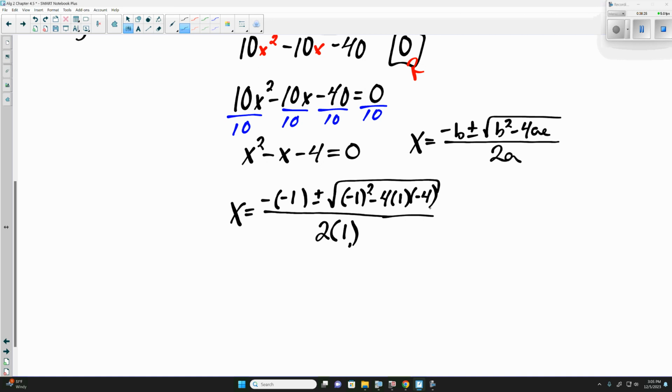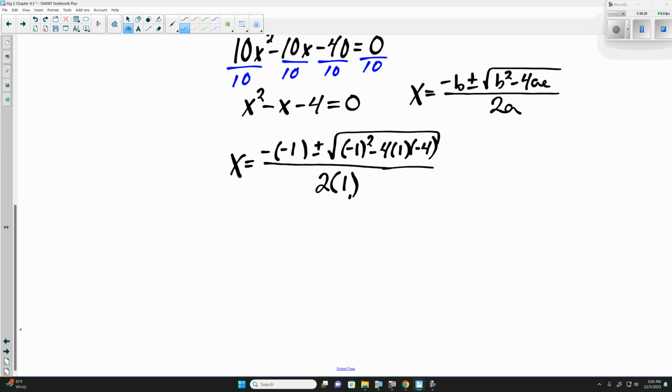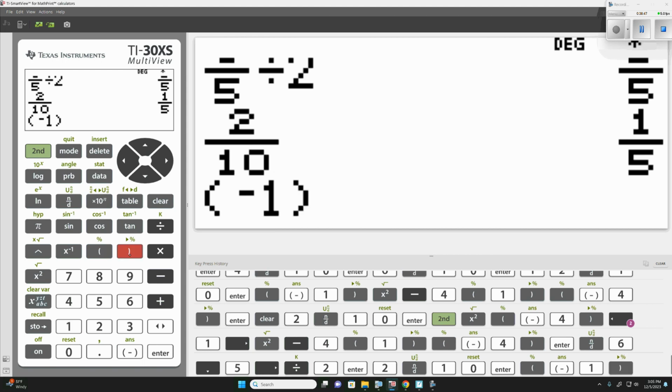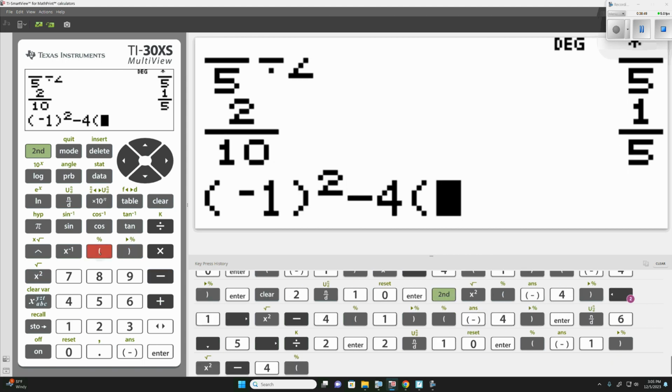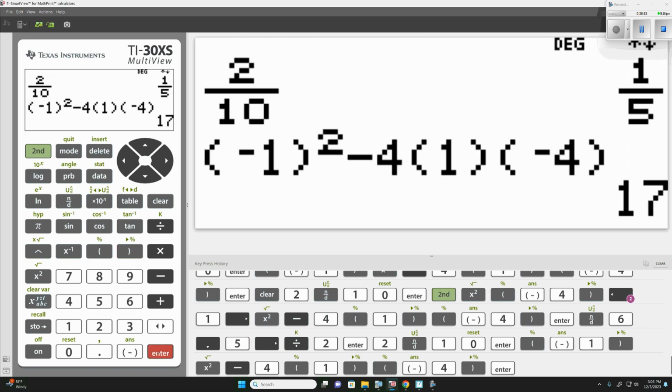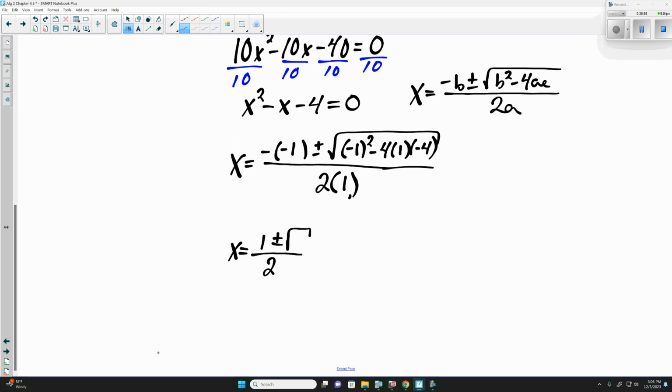Hopefully y'all remember this from 3.6 from last chapter. Now at this point here, -1 is 1. 2 times 1 is 2. Now at this point here, we can simplify what's inside the radical, or -1 squared minus 4 times 1 times -4. 1 squared minus 4 times 1 times -4, which is 17.